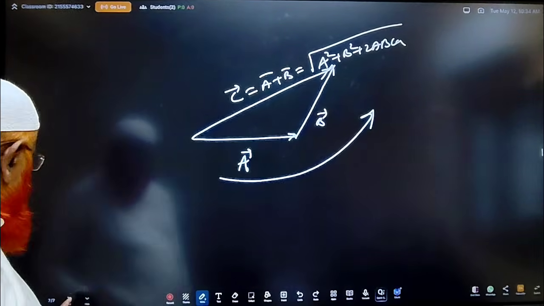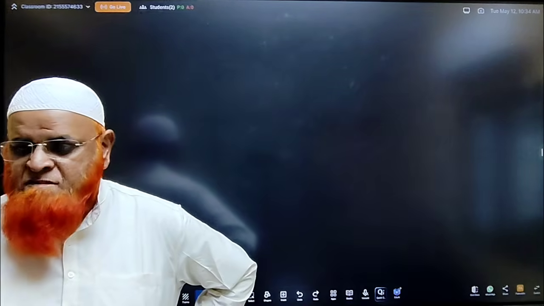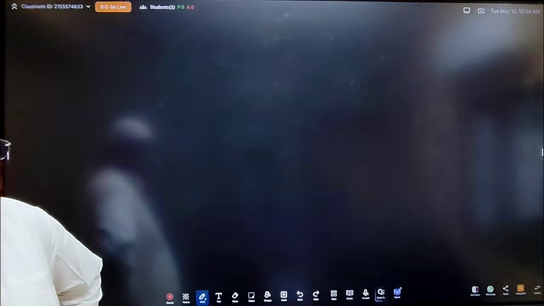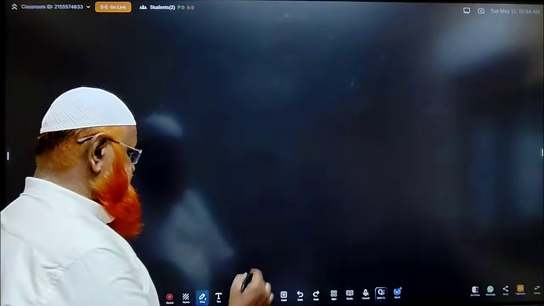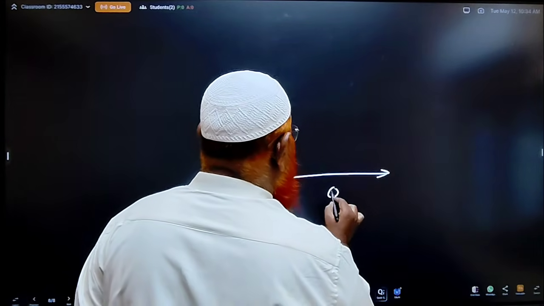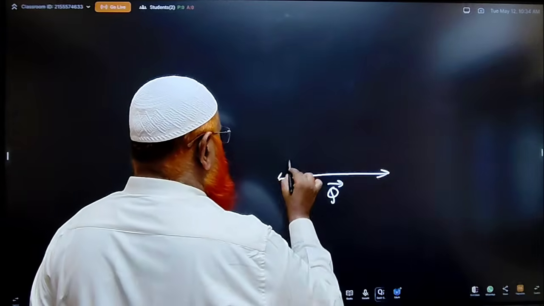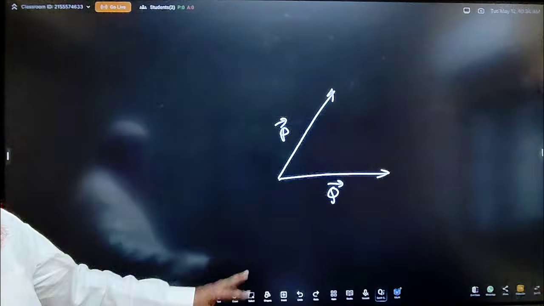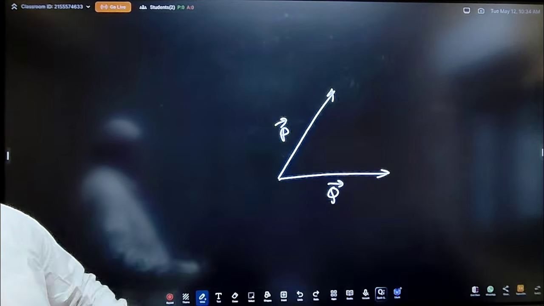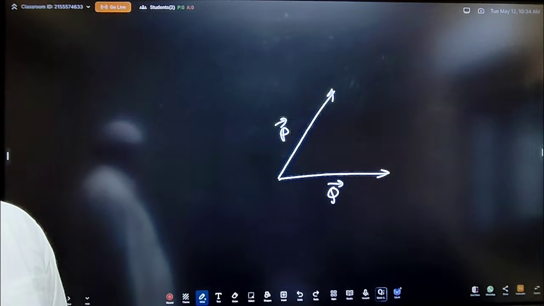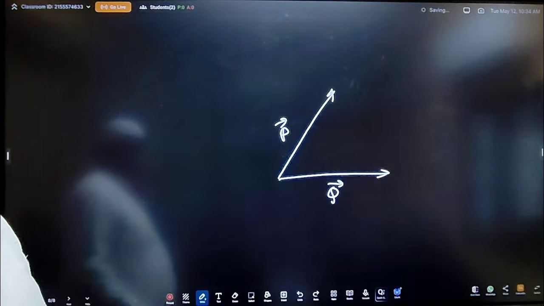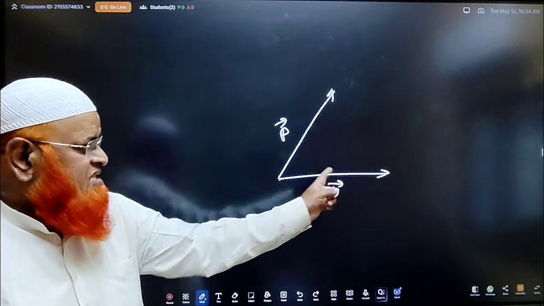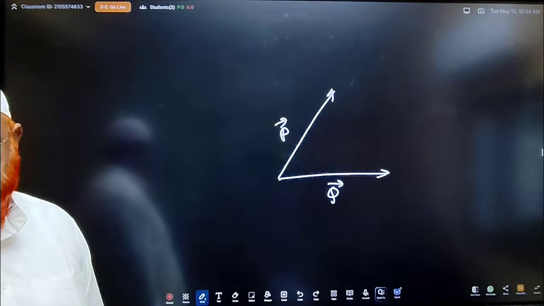Yes. So if it is the situation now, what is the meaning of vector addition and vector subtraction? For example, this is a vector q bar. This is a vector p bar. There are two vectors, p bar and q bar, like this. But if you observe here, P bar is in this direction, Q bar is in this direction.